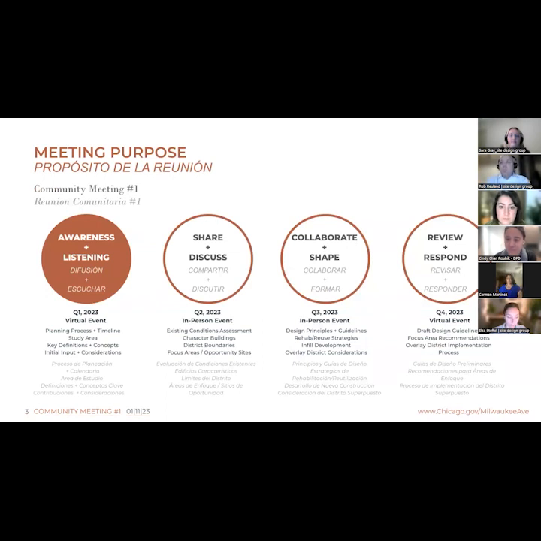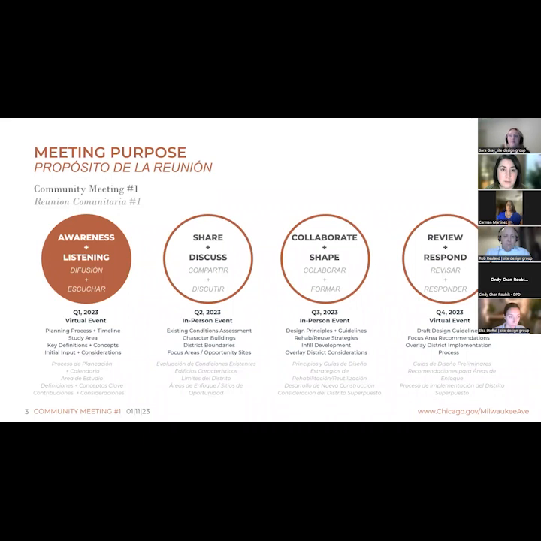So today you're joining us in the first quarter of this study. At each touch point, we're going to pretty much address 4 topics. The first quarter, where we are today, is just some awareness about the project. We're here to listen. We're also here to give you some information about the planning process, talk about what we've been working on, talk about the study area, some key definitions, and also allow for some input.